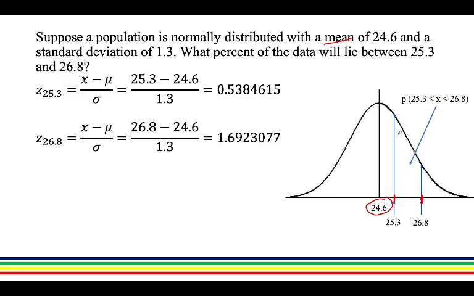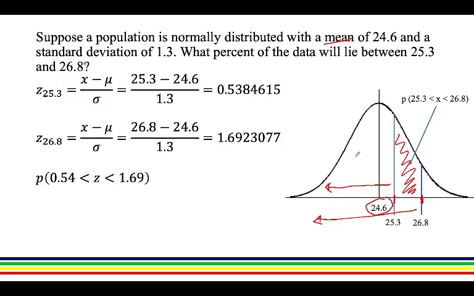To solve for the area in this region, we have to find the value of the area left of 26.8 for x or 1.69 for z and subtract it with the value of 25.3 for x and 0.54 of z.